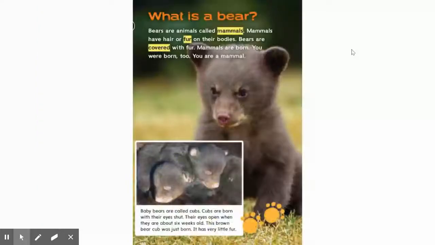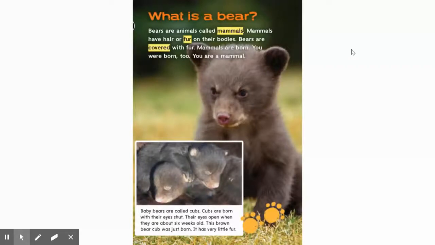All right. On this first page, we learned about cute baby bears. We learned that all bears are mammals, and mammals have fur. Bears are covered in fur. We also learned that baby bears have a special name. I see in the caption down below that baby bears are called cubs. That's right.